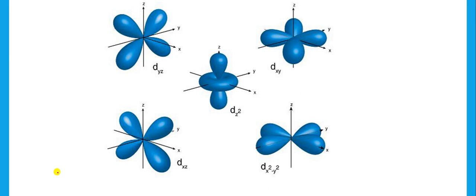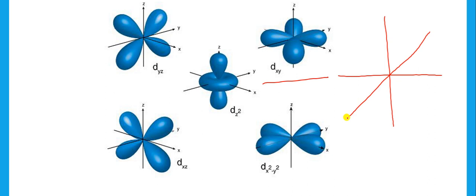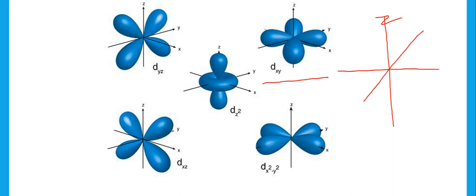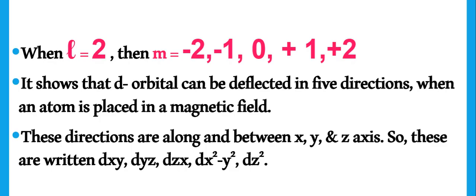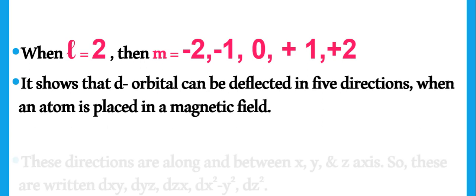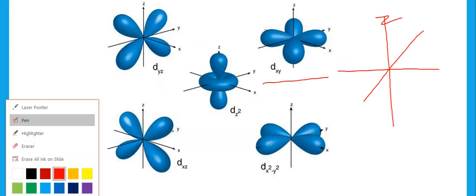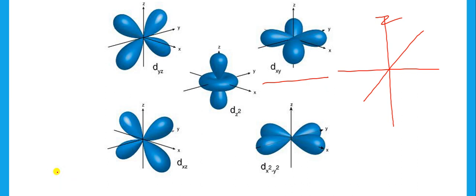Let's see how you will draw it, starting with dxy. Students, first of all you have to decide your x, y and z axis, and any student can name these lines on their own. For example, if one student writes x, y and z, it is okay, and another student writes this as x and this as y, it is all okay.